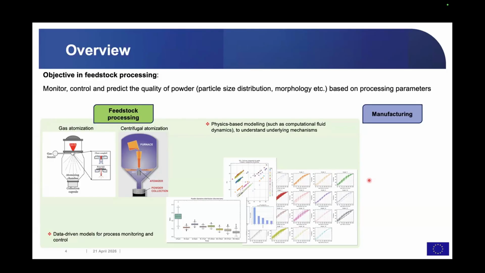We also need to monitor, control, and predict the quality of the powder, mostly in terms of particle size distribution and morphology, based on the intense processing parameters during these processes.